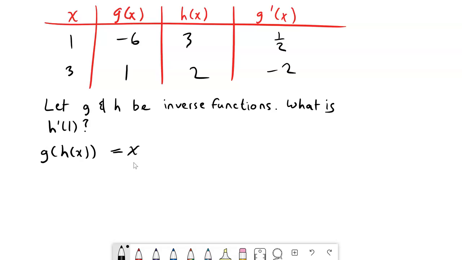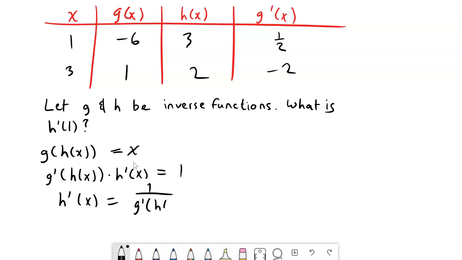If g and h are inverse functions, they satisfy this property, and I'm going to quickly go through this. And h is that inverse function. Just remember to keep that in mind. Oops, this is not x anymore, this is 1. Now we want to find what h prime of 1 is, which is what the question is asking, and that's precisely 1 over g prime of h evaluated at 1.